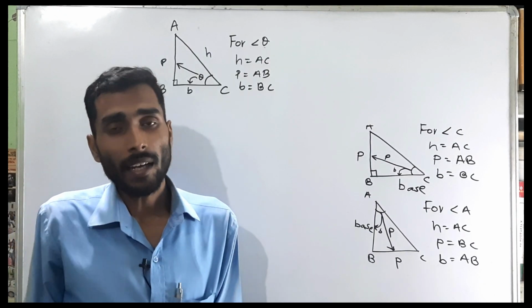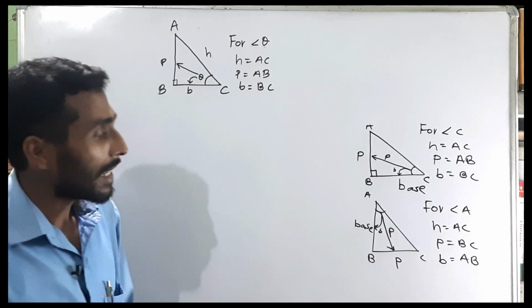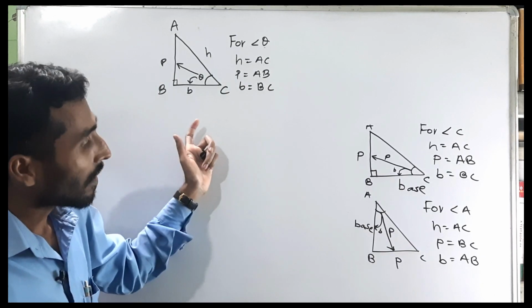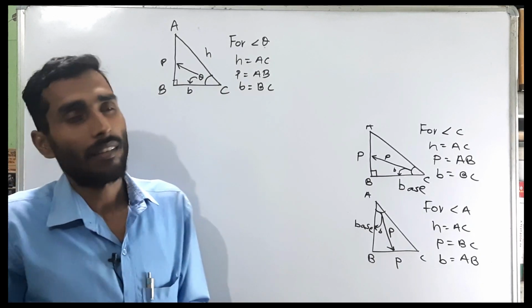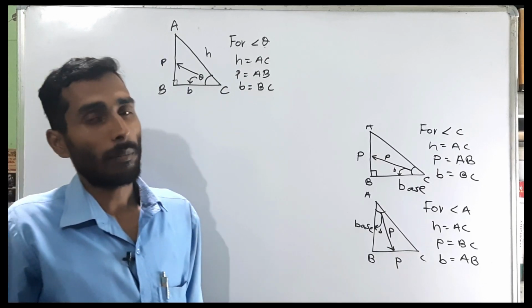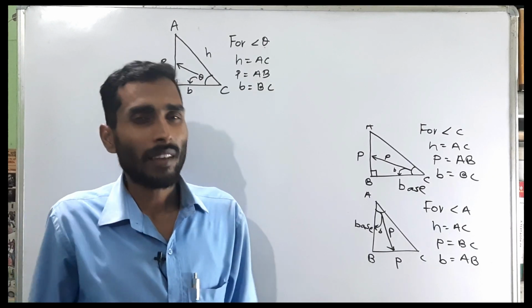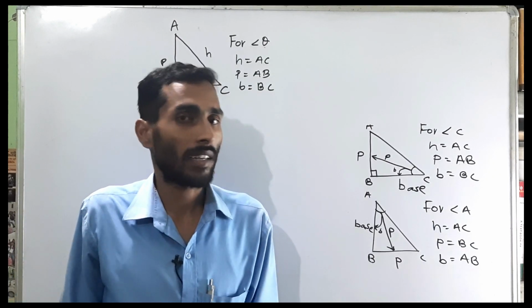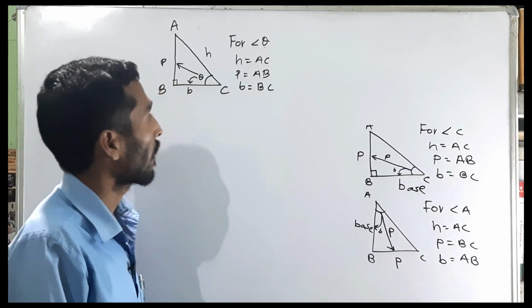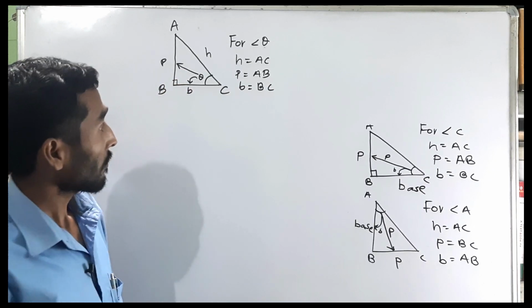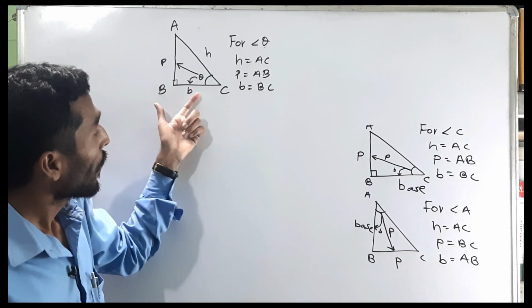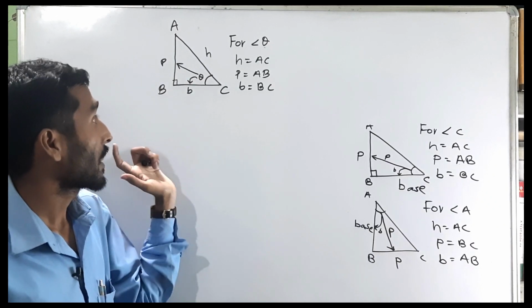Here we have generalized the angle, which we can name theta, alpha, beta, gamma, psi, delta, and so on. There are so many symbols in mathematics, Latin symbols and Greek letters. So we name the angle C as theta.